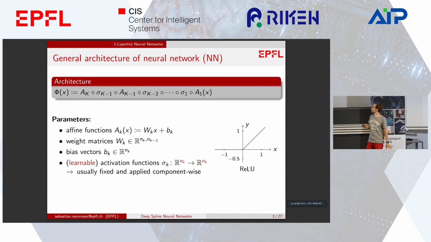But for the rest of the talk, to keep things simple, we will stick to component-wise activation functions. And one thing that I really want to stress here is, often if you train a network, they are fixed. So you use the same activation for each neuron and in each layer. Here it can be a different activation for each neuron and in each layer. So we are not tying them together.